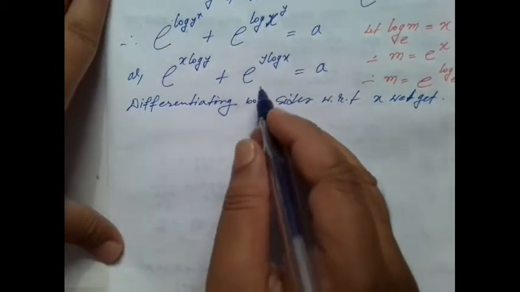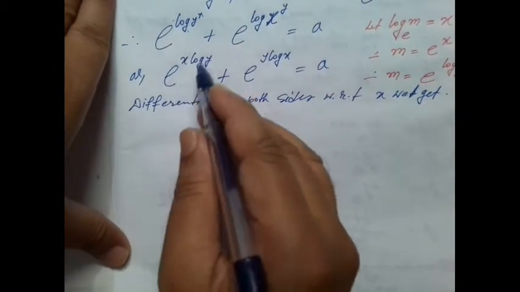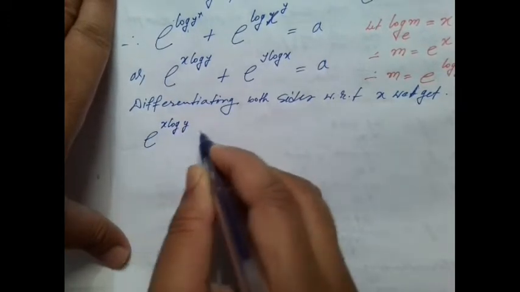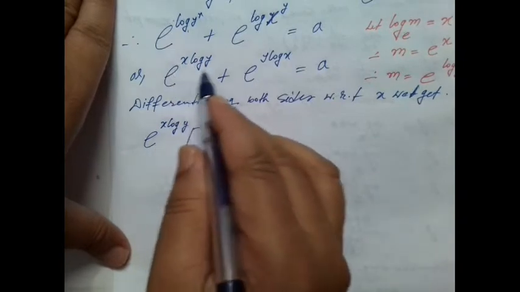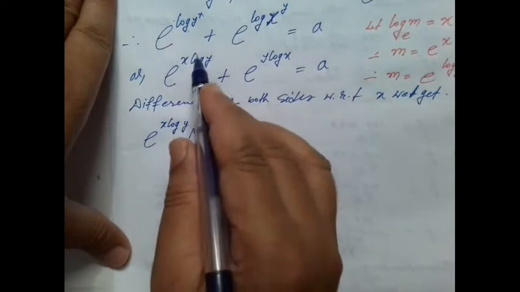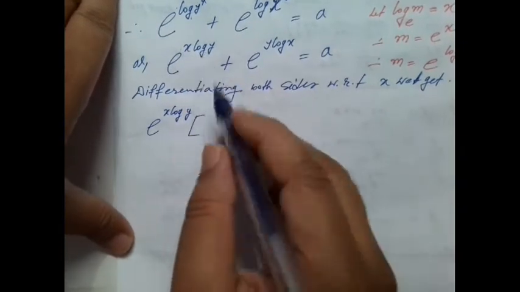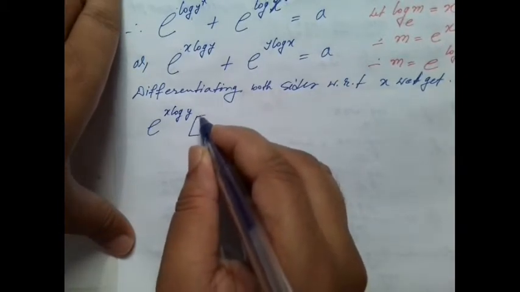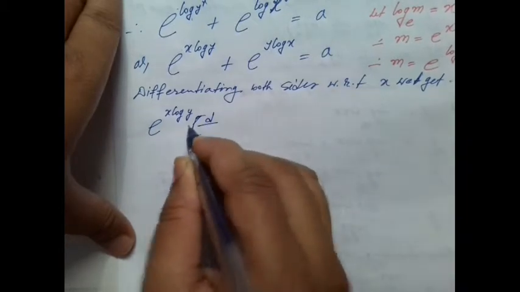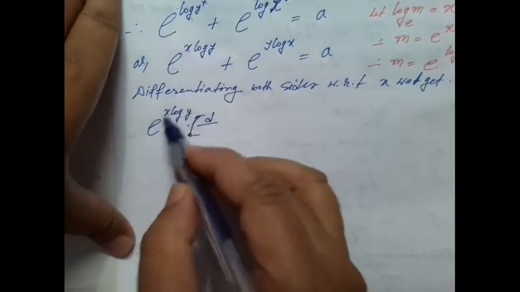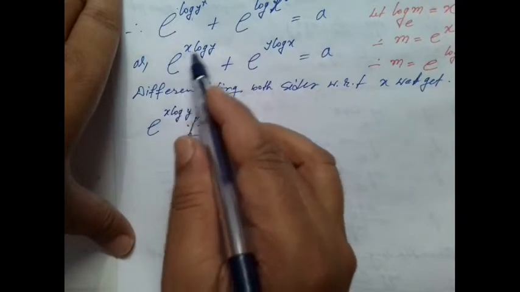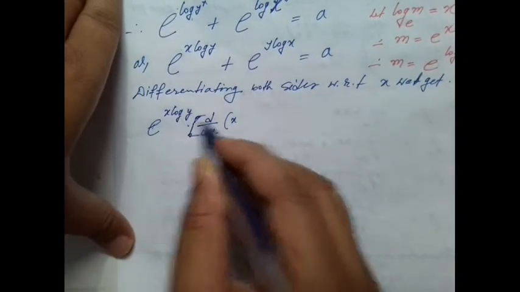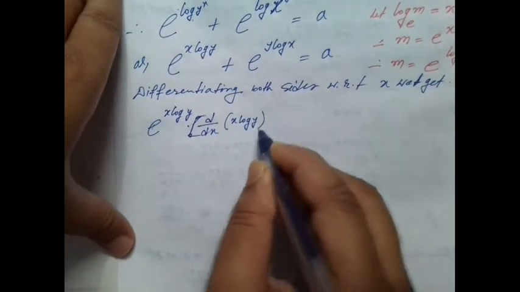We get e to the power x. The derivative of e to the power x is e to the power x, so e to the power x log y, and we have taken x log y as x, so we have to take the derivative of this. We may write d dx of, as we have taken this one as x, e to the power x, derivative of e to the power x is e to the power x, and then d dx of what we have taken as x, x log y.